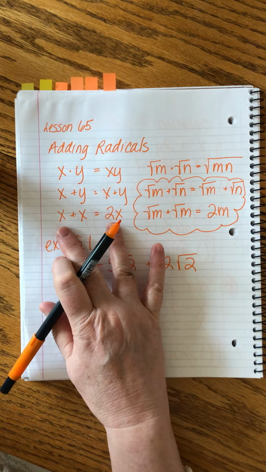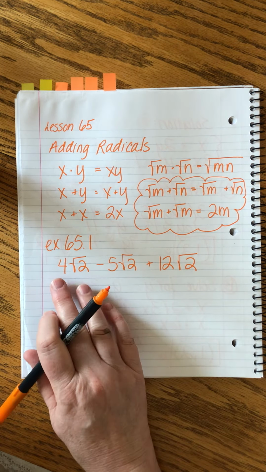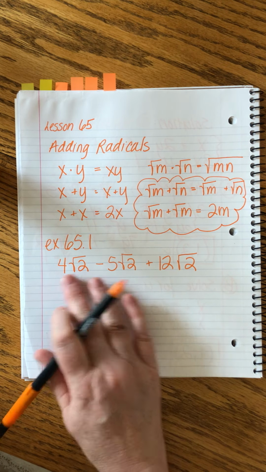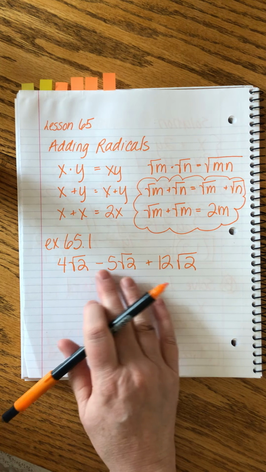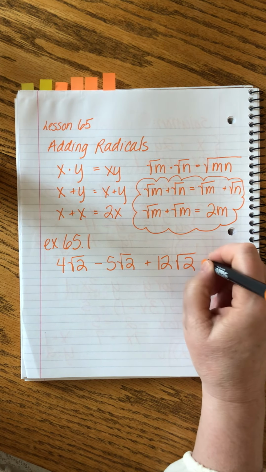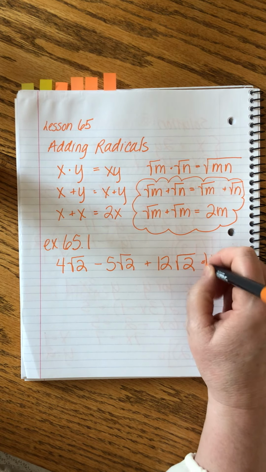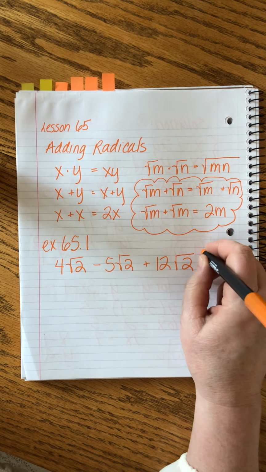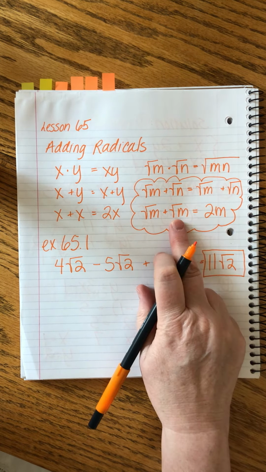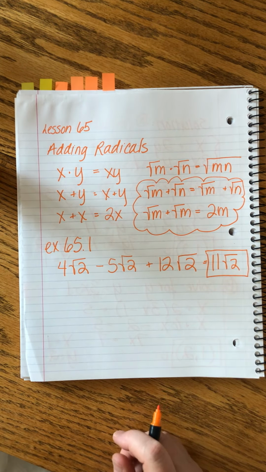Now, just as we do here, we can ignore the square root of 2 and just look at the coefficients, look at the numbers in front of them. 4 minus 5 is negative 1, plus 12 equals 11 square root of 2. All right? Clearly, this kind of example, the pigs matched, we just add them. Okay.